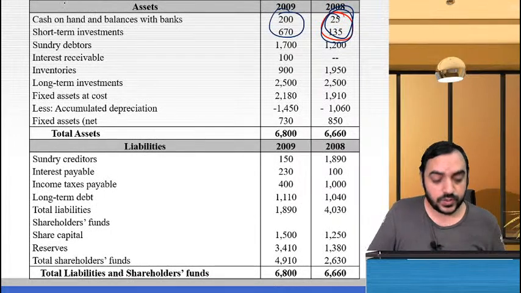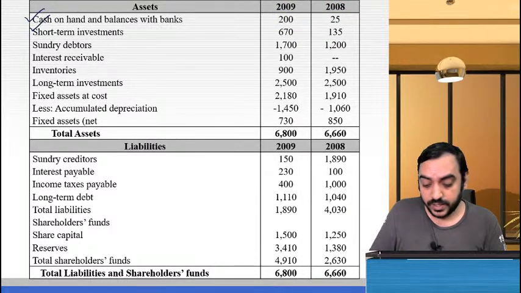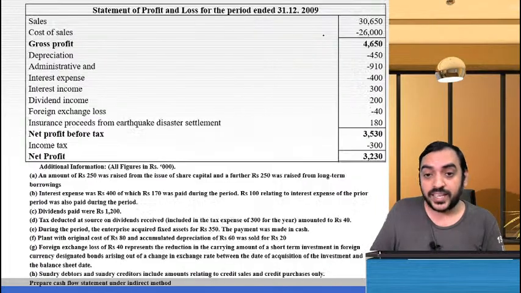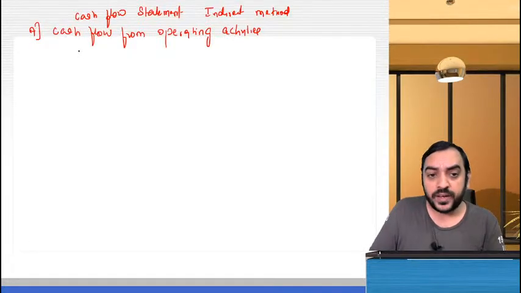Okay, now one by one. So cash in hand is done. Debtors increase. So where are we going to write? Let's write a quick format. Cash flow from operating activities. I'll do profit as per P&L account, net profit, or I can also say difference in reserves.